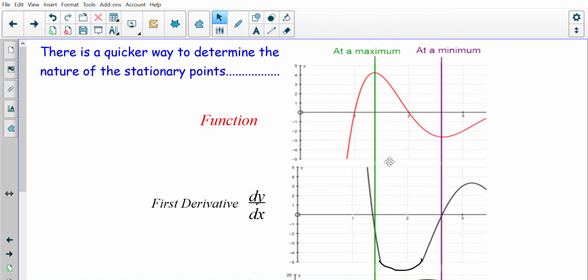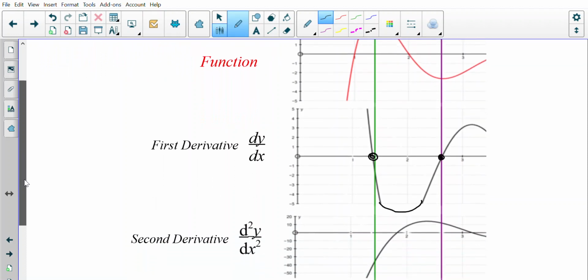At the maximum point the gradient is 0 here going through the x-axis, and at the minimum point the gradient is 0 here going through the x-axis. What we want to look at is what the second derivative looks like.